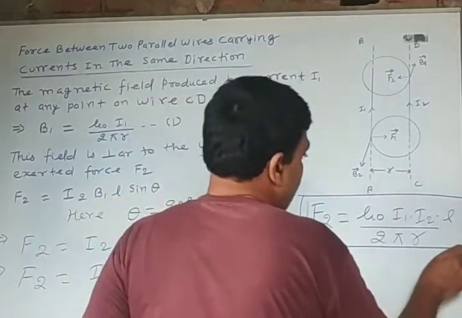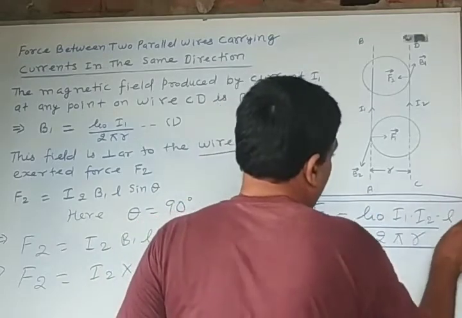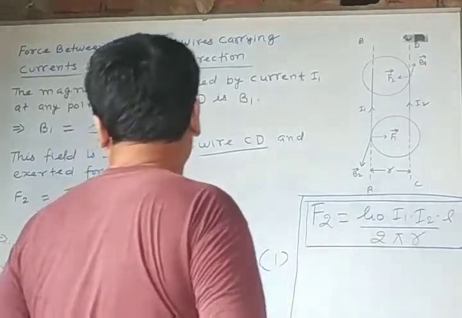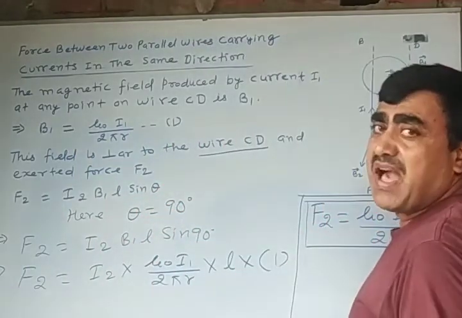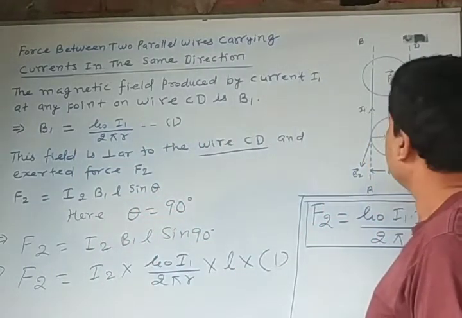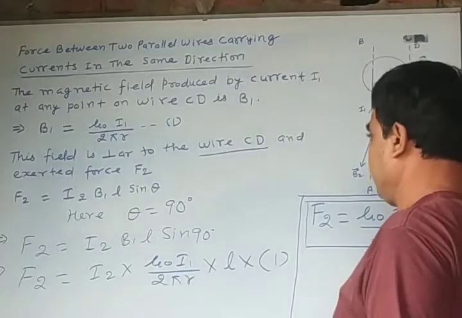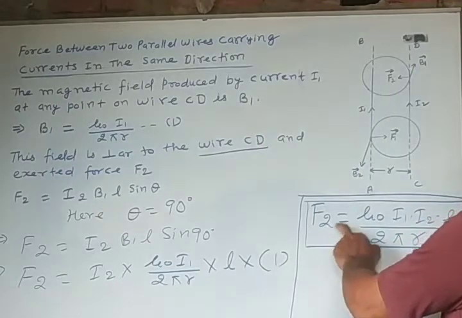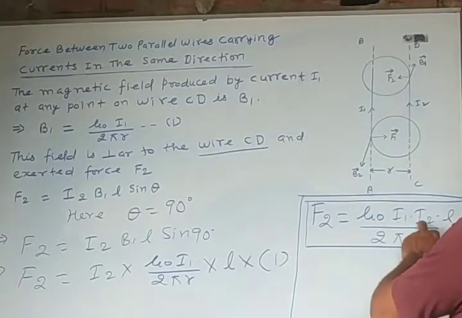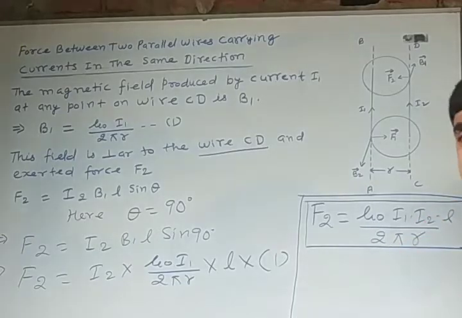This is the expression of force exerted by the magnetic field B1, that is F2 is equal to mu naught I1 I2 into L upon 2 pi r.